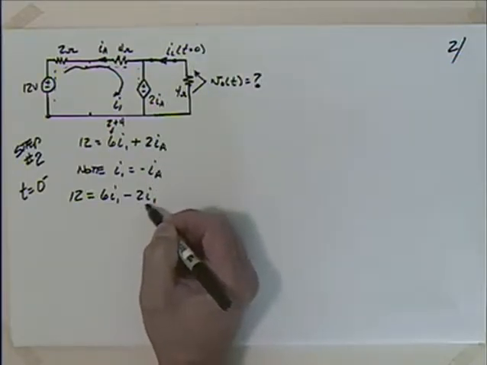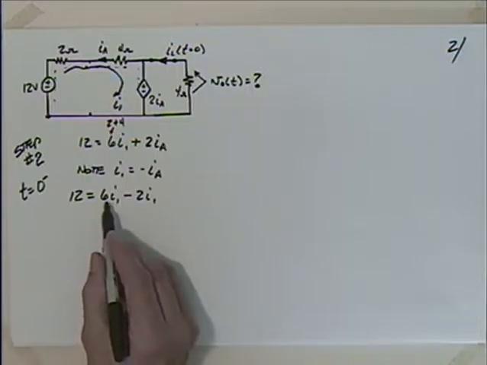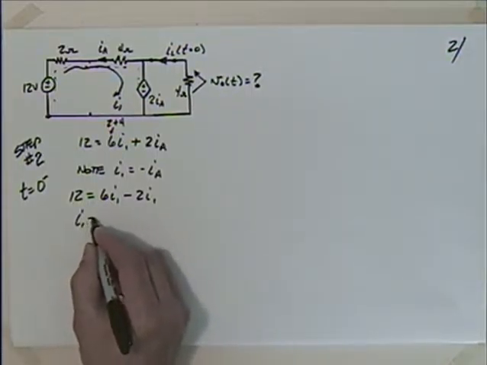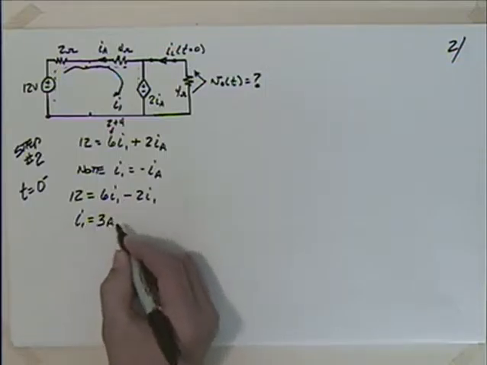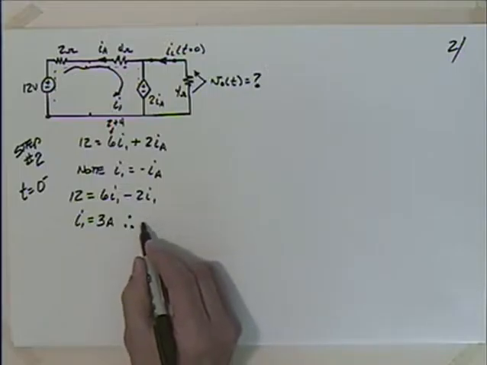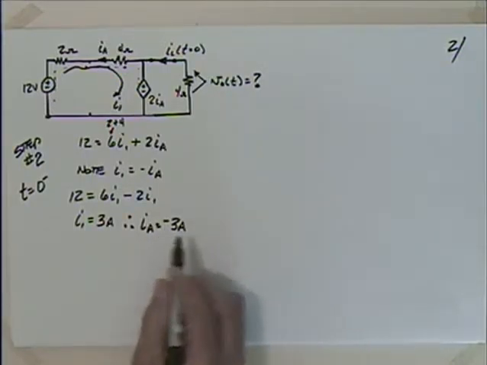So I have 4I1 equal to 12, so I1 turns out to be equal to 3 amps. And we can then say, therefore, that IA is equal to minus 3 amps.